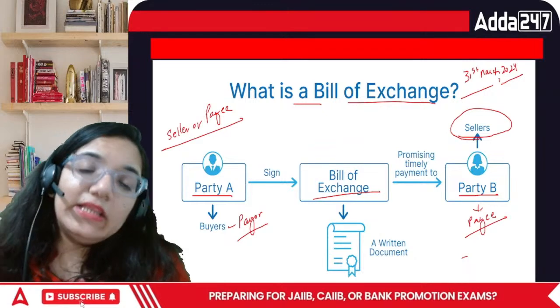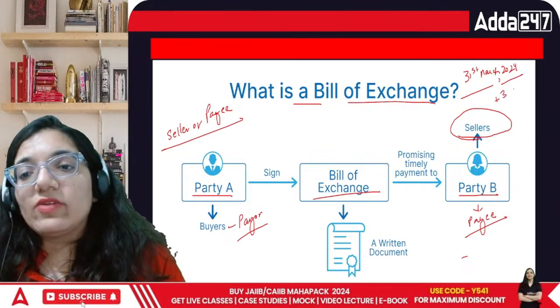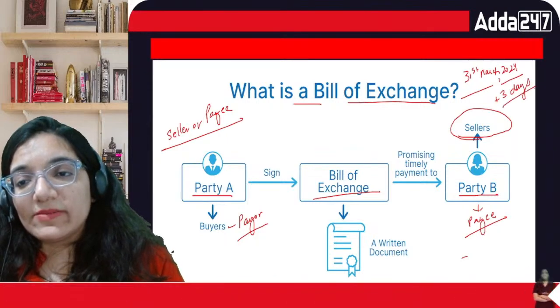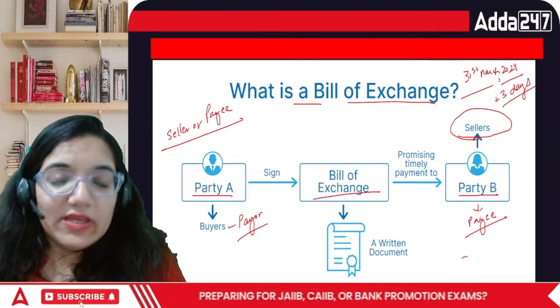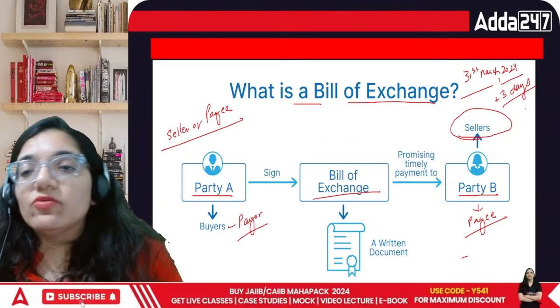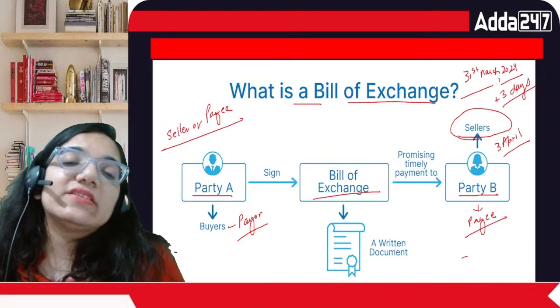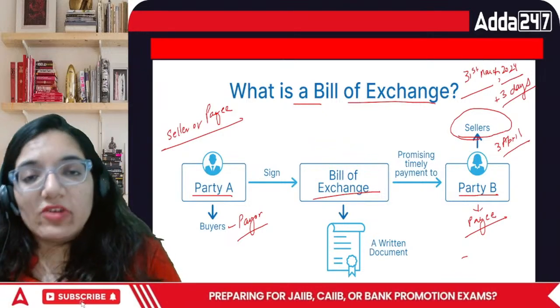No. In case of bills of exchange, on the due date you normally get 3 days grace. This is called the grace period, which is given in every case. That means the bill will be officially due on 3rd of April.